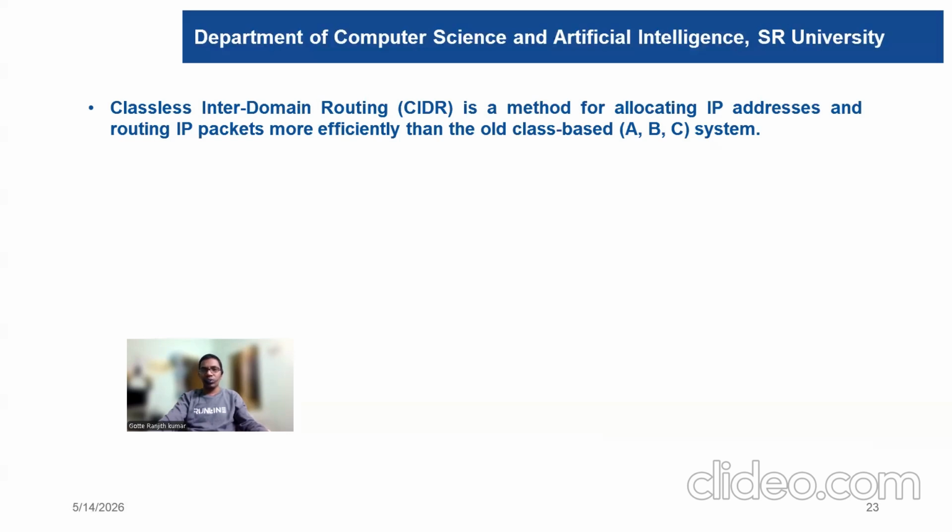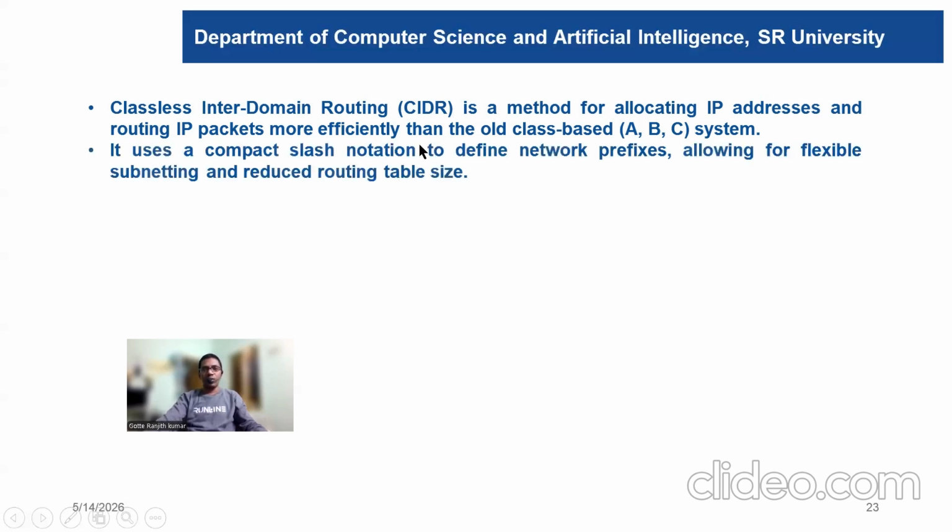To avoid those issues, classless interdomain routing is used. Only classes A, B, and C are mentioned here because generally only A, B, and C are used for general purposes, while D is for multicasting and E is reserved for future use.